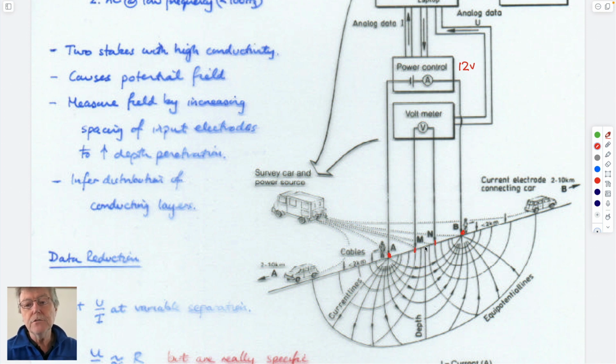If you measure the potential difference between those 2 points B and A, it has to be 12 volts if it's a conductive cable and it's a resistive geological medium. Then if you measure the potential drop between M and N, it'll be less than that 12 volts.